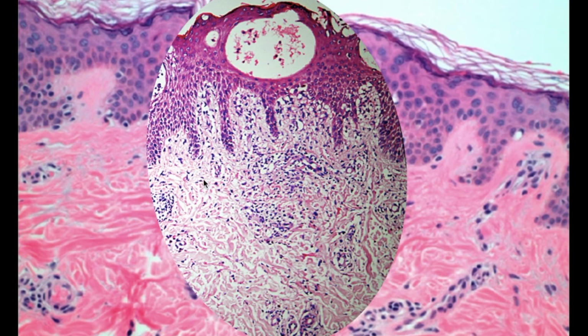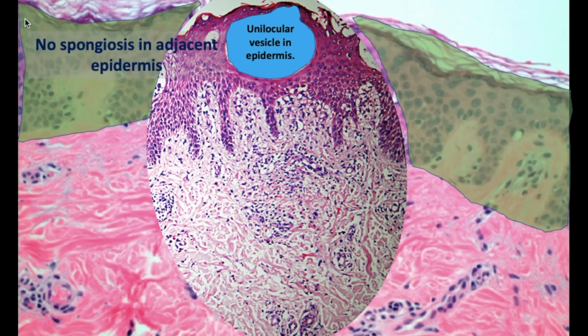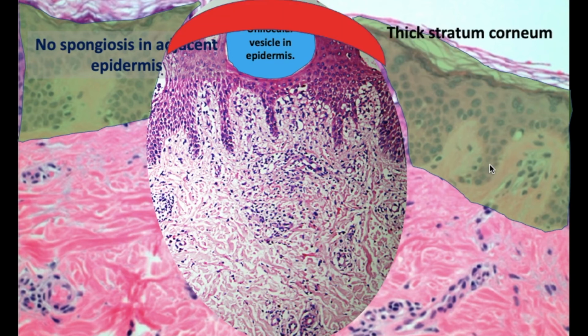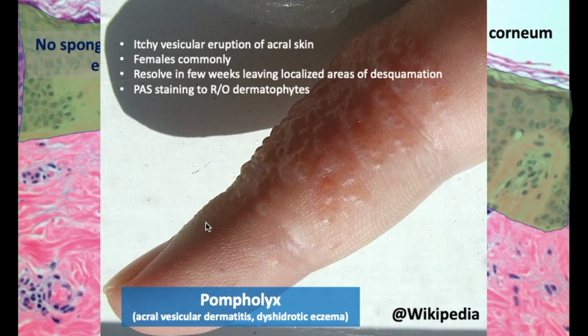If you see an isolated lesion in the skin with unilocular vesicle formation in the epidermis, however, around that isolated lesion the epidermis appears normal or not spongiotic, along with a thick stratum corneum, think of pompholyx. Pompholyx is usually found in acral skin.